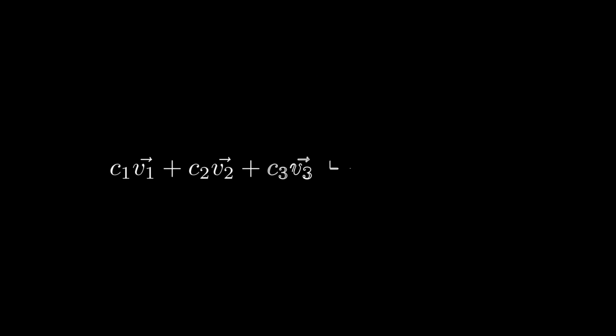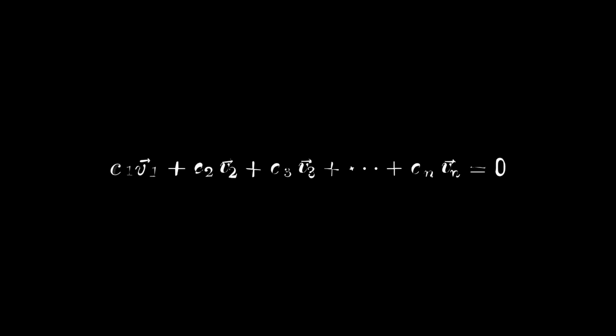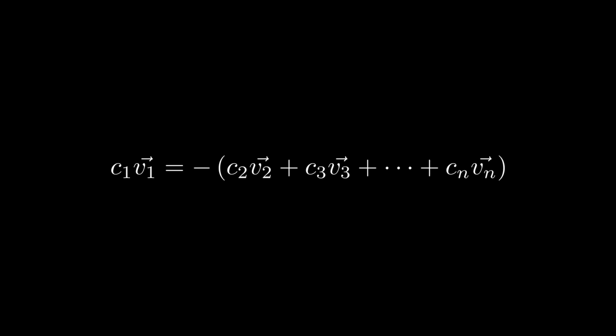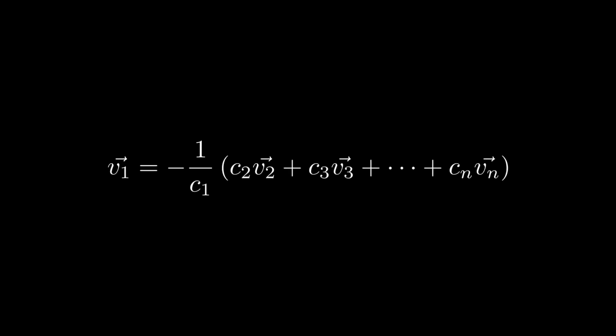Now look at this equation. C1v1 plus C2v2 and so on up to Cn Vn equals 0, where C1, C2 to Cn are scalar coefficients. Let's keep the first term as is and take everything else towards the right. We'll factor out the negative and divide by C1 to get this.